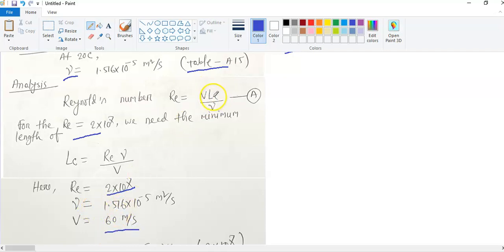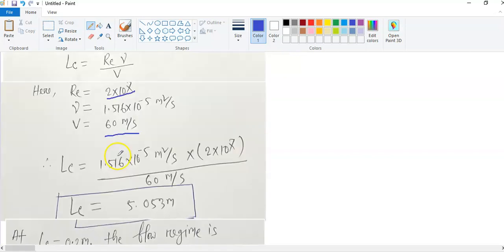If we simplify this equation for L_c, you do some cross multiplication, so L_c equals the Reynolds number times kinematic viscosity over the free stream velocity. Substitute all the values, the kinematic viscosity, Reynolds number, and the free stream velocity, then we will get this length.